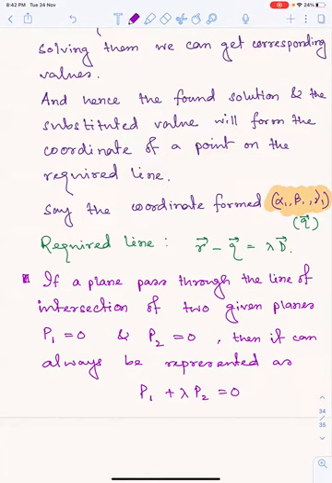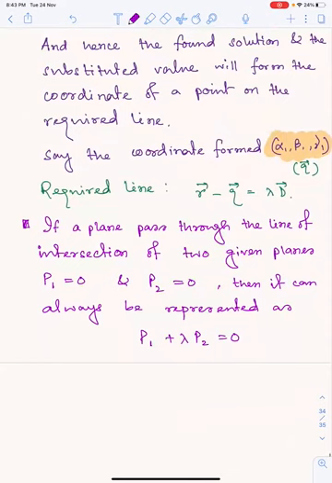So any plane described in reference to two given planes intersecting along a line, we may or may not be given that line, but if we are given the equations of the planes, a linear combination of the equations of the planes gives the equation of this plane. So a family of concurrent planes where the line of concurrency is the common line of the planes P1 equals 0 and P2 equals 0 can be represented as P1 plus lambda P2 equals 0.